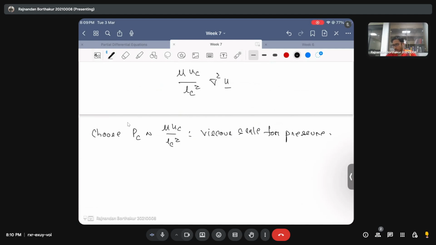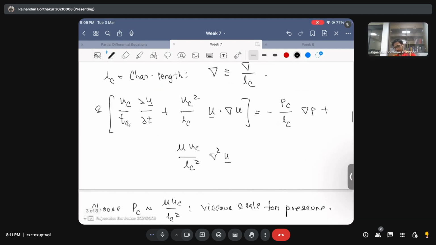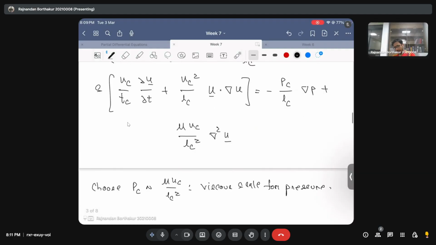Okay, so if you do this, then what does this term become? Okay, so let's see. So this is 1 upon LC, and PC is mu UC by LC squared.